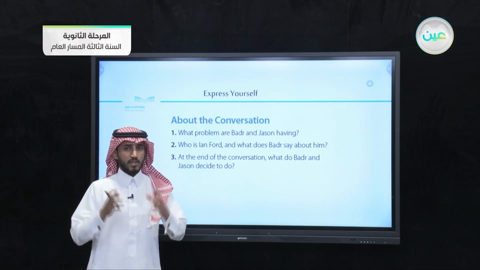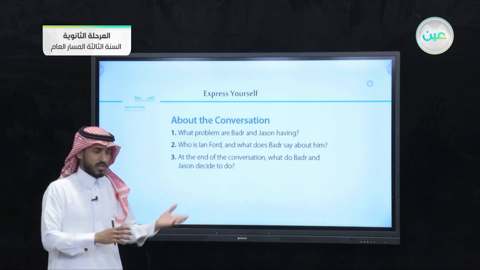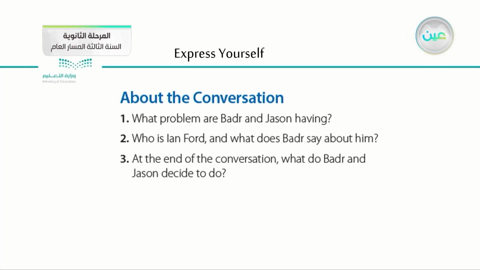We said that firstly we start with identifying the key words in the question. For example, number one, what problem are Badr and Jason having? So we are talking about a problem. This question talks about the situation in general. It doesn't talk about a specific thing. What is the problem they are having?